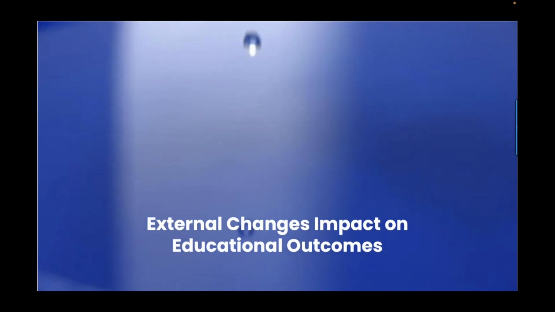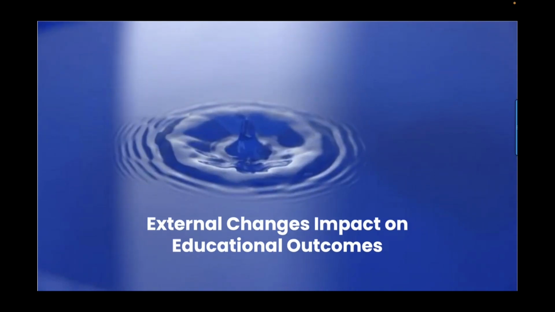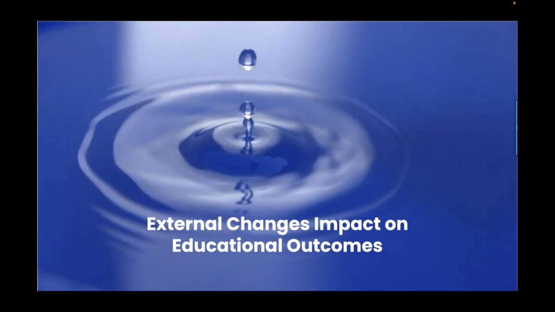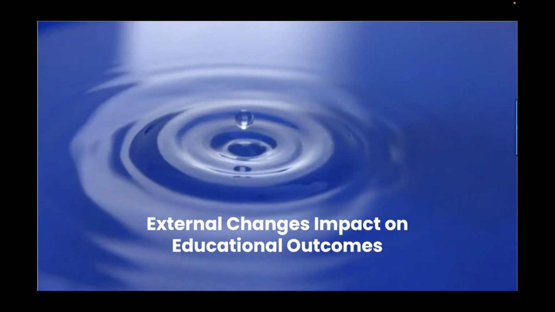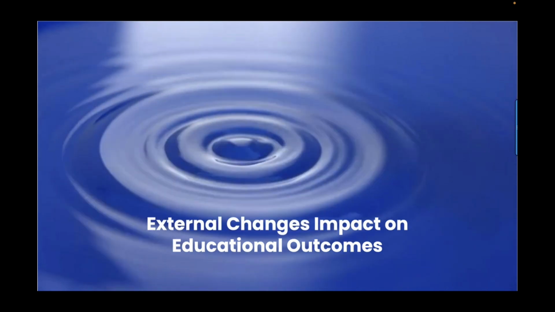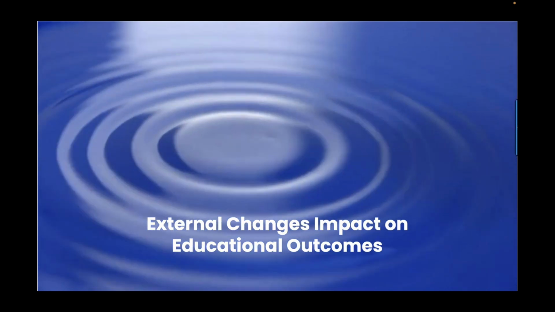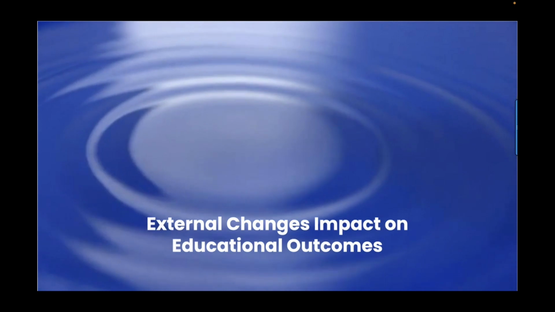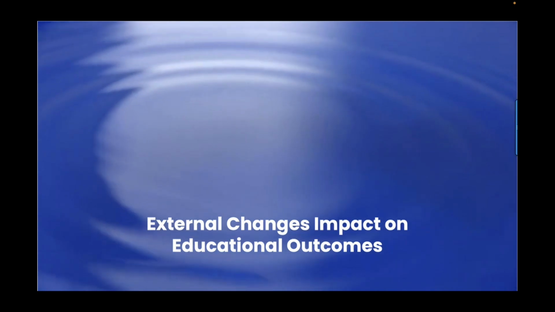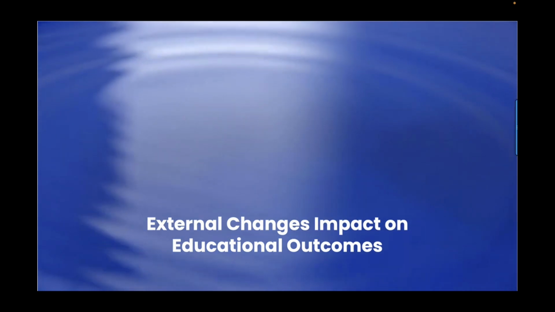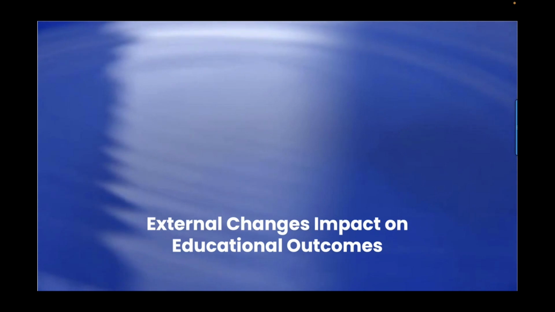Actually, there are many external impacts that are constantly happening on the process of higher education. Currently, as you know, artificial intelligence is the largest and hugest impact happening on the field of education generally.